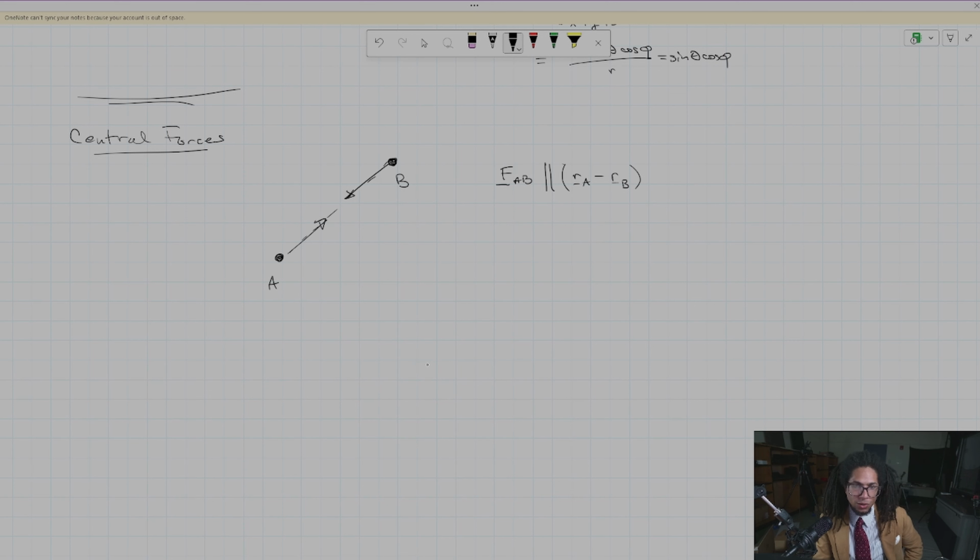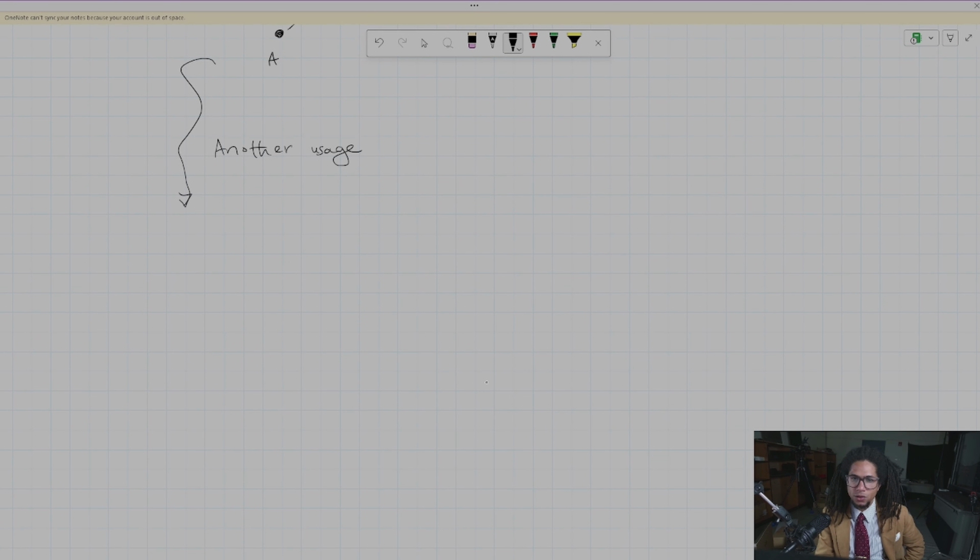Now, I want to think about a specific case of this, which is also sometimes confusingly called a central force. And that's when I have one object, which is at the origin, so that I'm really thinking of the force just on maybe B. So let me say another usage. So suppose that we have a force that is sourced somehow from the origin and is felt by another object.